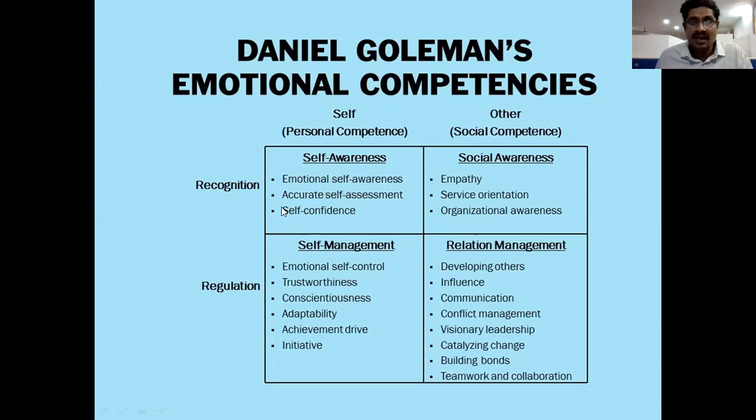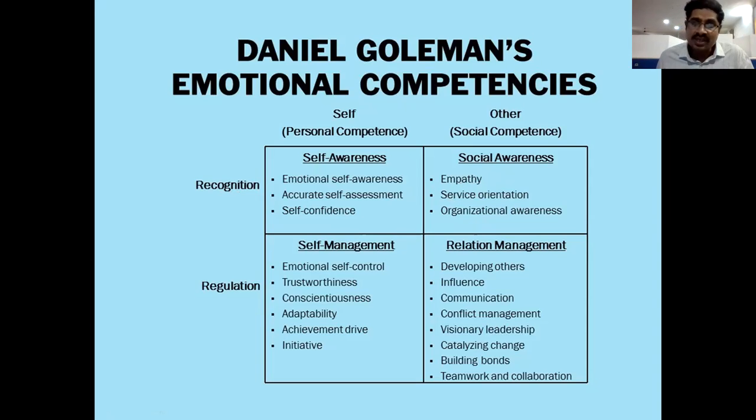So this is all about self-awareness: recognizing ourselves. Next, recognize or identify the social skills we have. Social awareness means the skills we need to mingle and interact with the society. So empathy: are we having empathy or not?